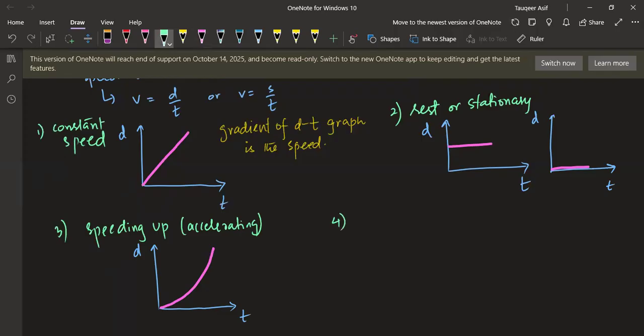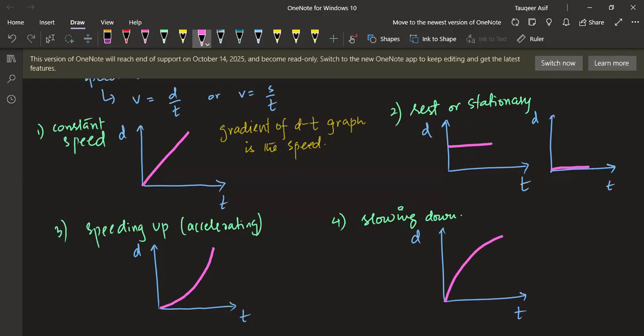The fourth one is slowing down. If I draw the graph of the body which is slowing down, the time is there, distance is there, so I'm going to have this. I hope this is clear.